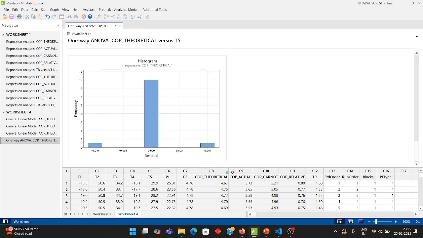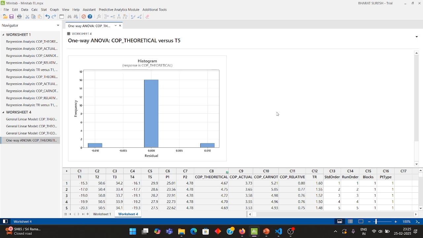These values of COP theoretical, COP actual, COP Carnot, COP relative, and TR were obtained by calculations. COP theoretical was given by T2 divided by T2 minus T1. The actual COP is given by H1 minus H4 divided by H2 minus H1.